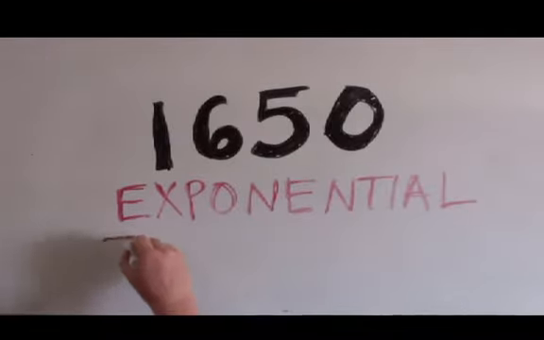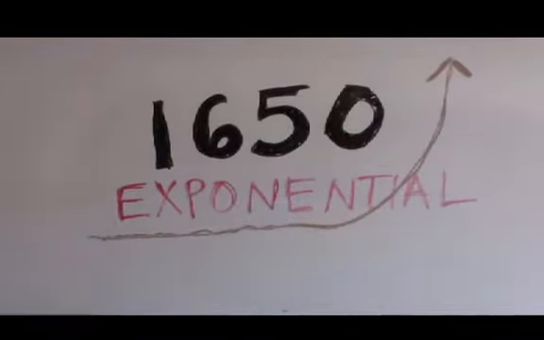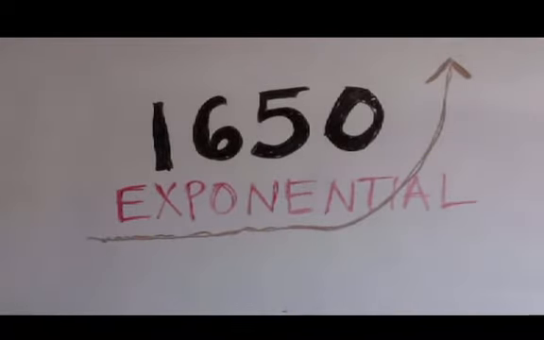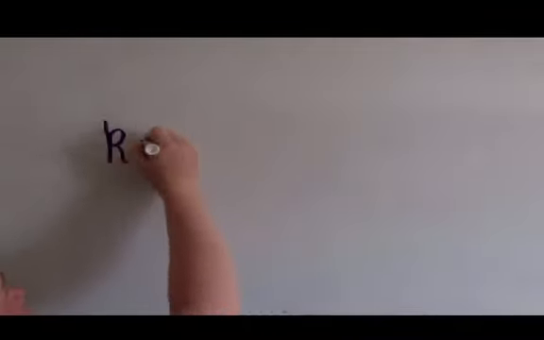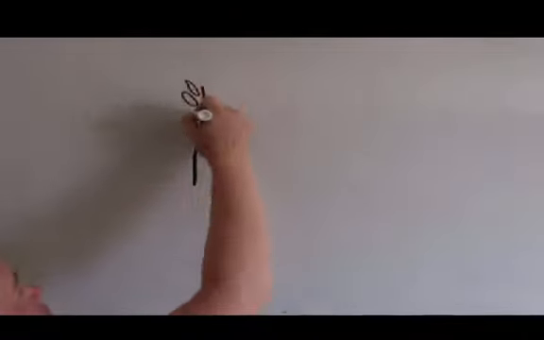And your carrying capacity is the limiting factors that prevent a population from continuing to grow. So this carrying capacity is based on an ecological footprint. And this ecological footprint depends on how many resources are being used.